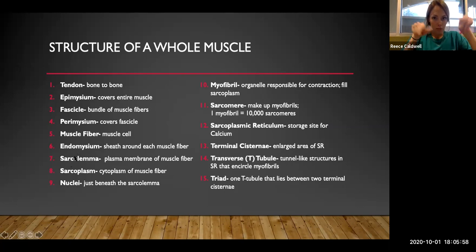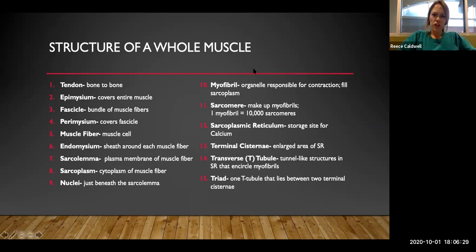So if you want to put in parentheses plasma membrane, sarcolemma, same thing. Just like we have the cytoplasm of a regular cell, we have the sarcoplasm of a muscle cell. We also have nuclei in our muscle cells. We do have mitochondria in our muscle cells too. If you remember, mitochondria is the powerhouse of the cells. So in our muscle cells, we have a bunch of those.